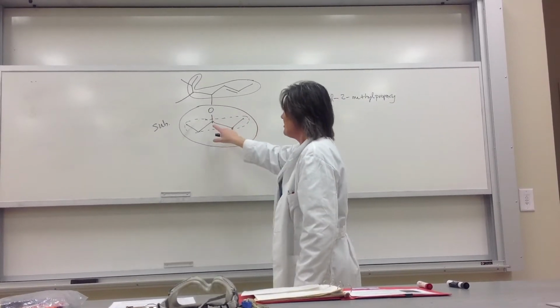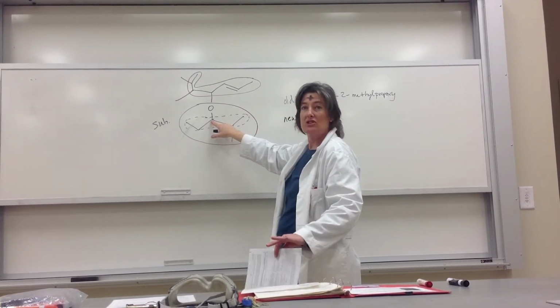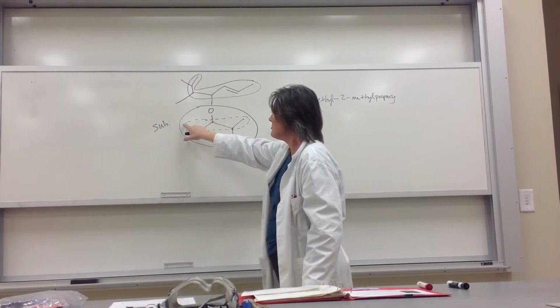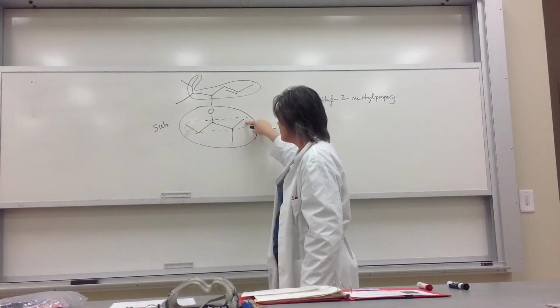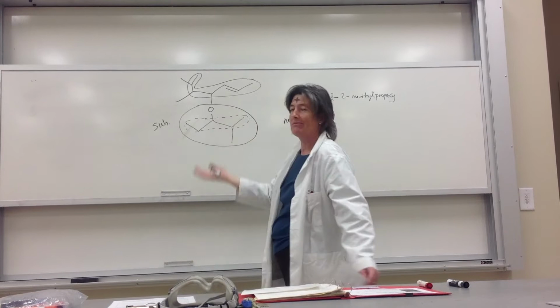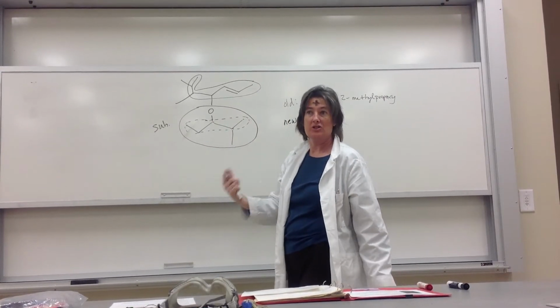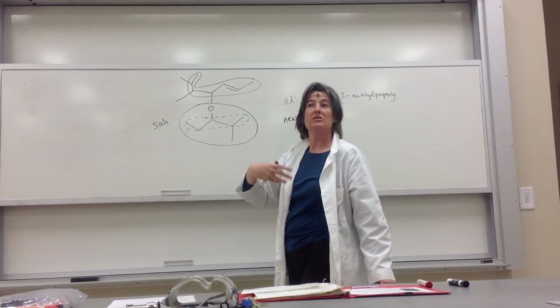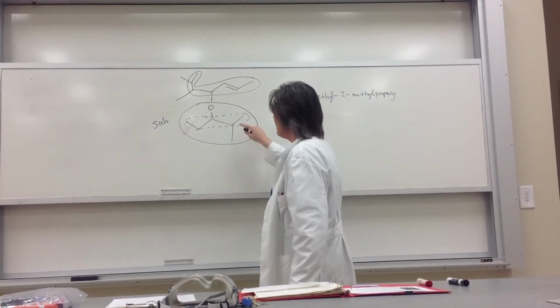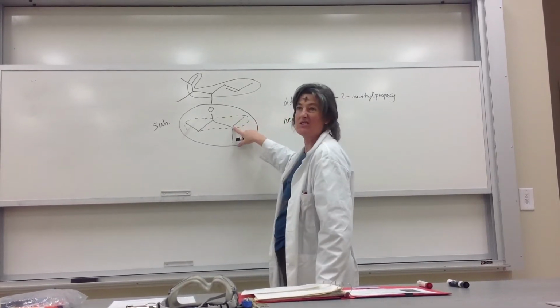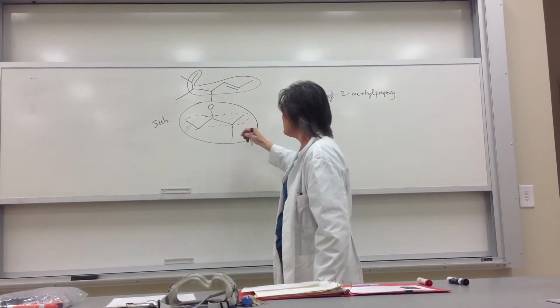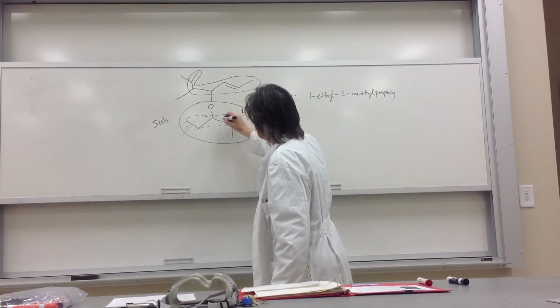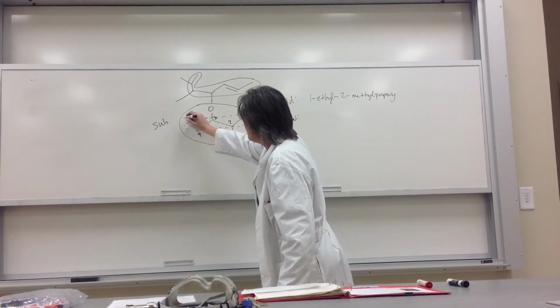The point of attachment, I'm going to number the chain so that gets the lowest number. So starting from here, 1, 2, 3. Starting from here, 1, 2, 3. That didn't help. It doesn't matter which end I start from in terms of the point of attachment. So then I look at the substituents. I want the methyl to be a 2 versus a 5, or 4, whatever it would be. So I'm going to go 1, 2, 3, 4, 5.